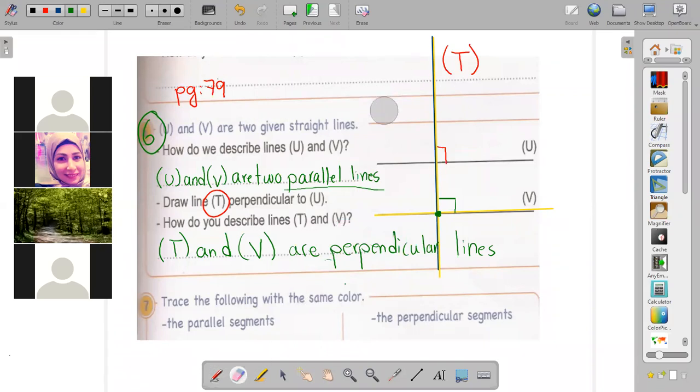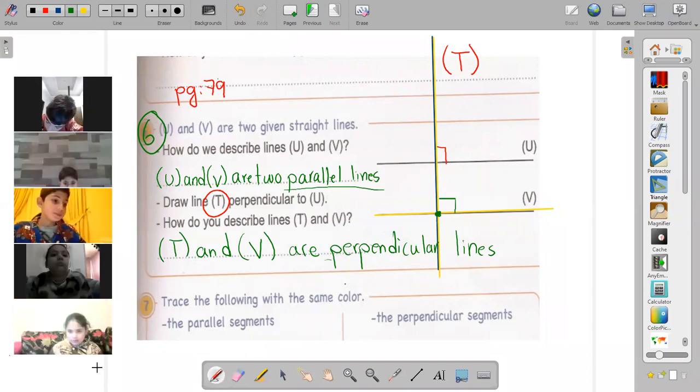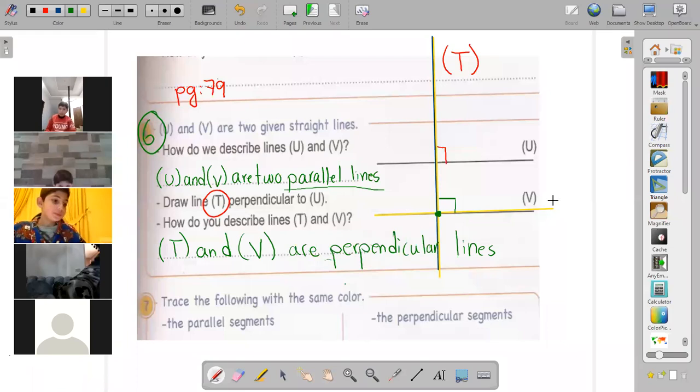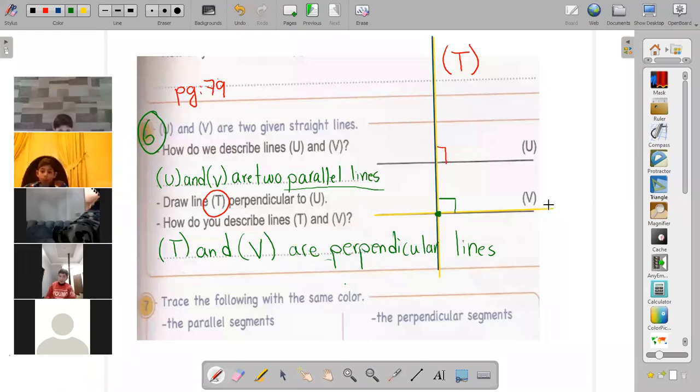Teacher, can I tell you something? Yes, Jawad. U and V lines are straight lines and parallel to each other. No, Jawad, T and V aren't parallel. U and V are parallel. T and V look like a plus.